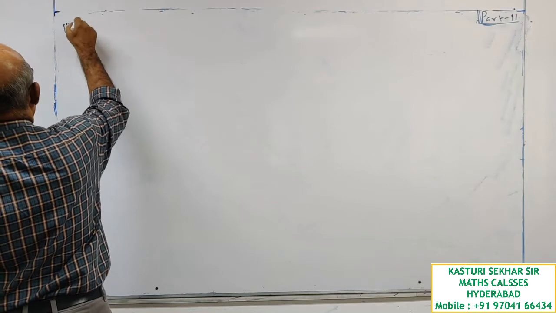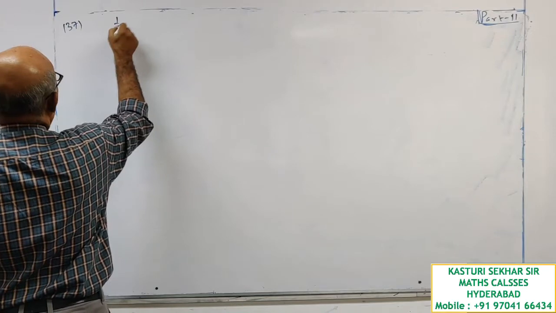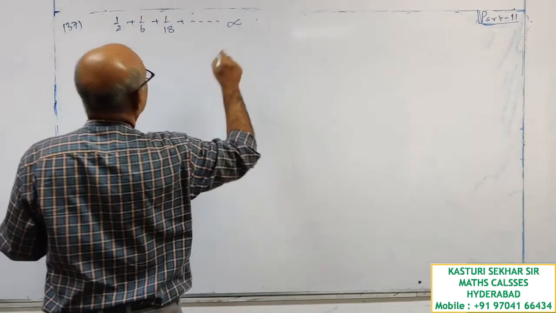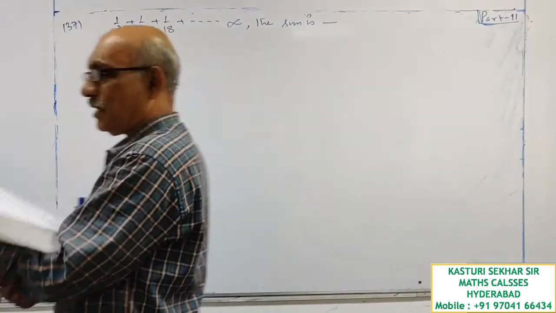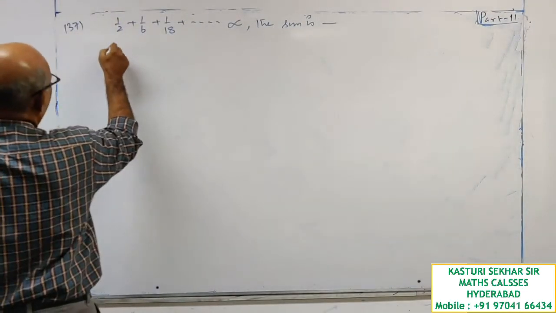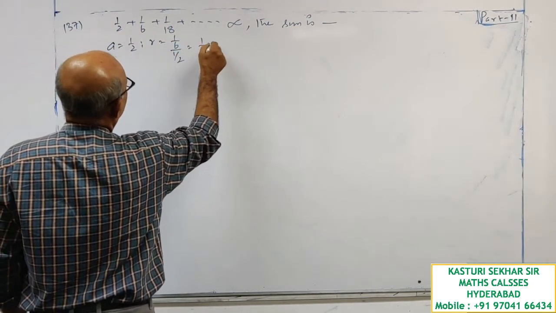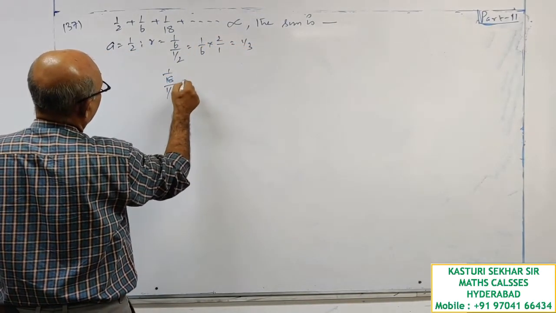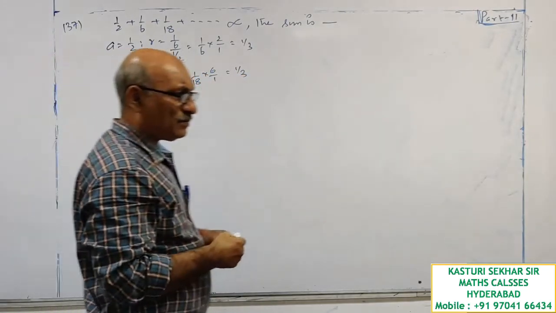137. The sum of infinite series 1 plus 1 by 6 plus 1 by 18 plus etc. infinity. So given an infinite geometric series, a is equal to 1 by 2, r is equal to 1 by 6 by 1 by 2, which is 1 by 3, third term divided by second term, 1 by 3, common ratio is same.